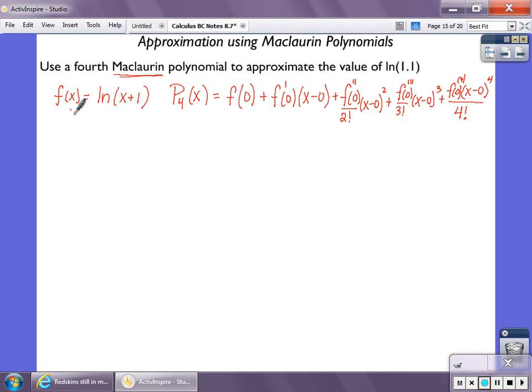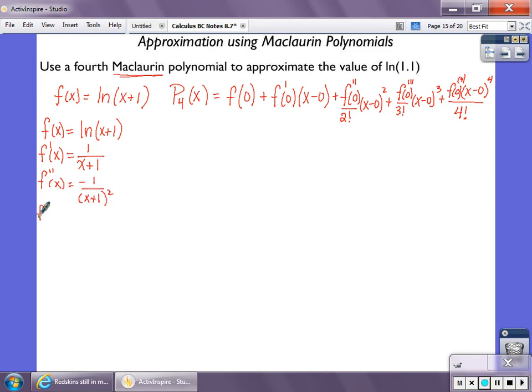We know f of x is the natural log of x plus 1. The derivative of that is going to be 1 over x plus 1. The derivative of that, this is really x plus 1 to the negative first power, so it's going to be negative 1 over x plus 1 squared.